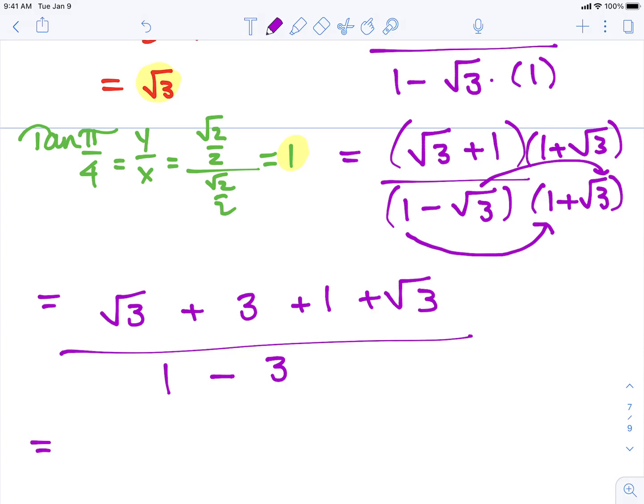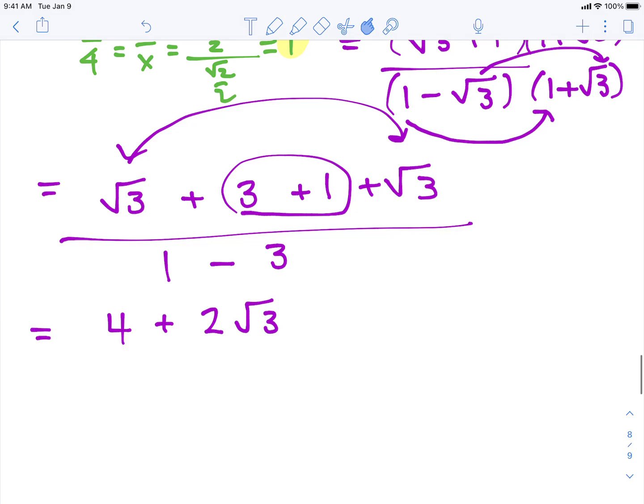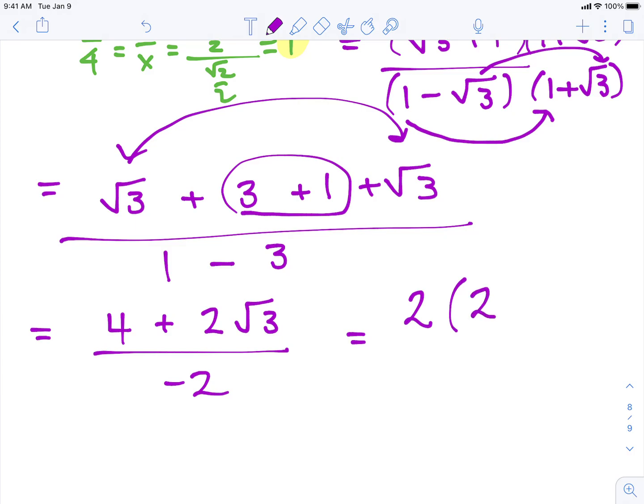Continue simplifying. 3 plus 1 is 4, and then these two terms are alike, so we can add them together: 2 square roots of 3. In the denominator, 1 minus 3 is negative 2. We can continue simplifying. We're going to take out a greatest common factor of 2. So we're left with 2 plus the square root of 3 all over negative 2.